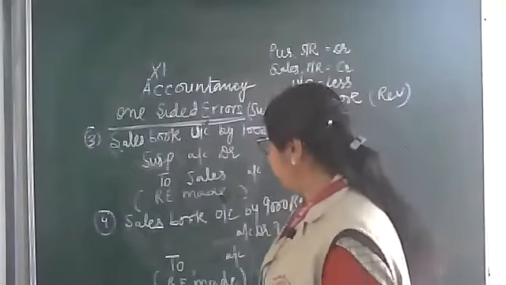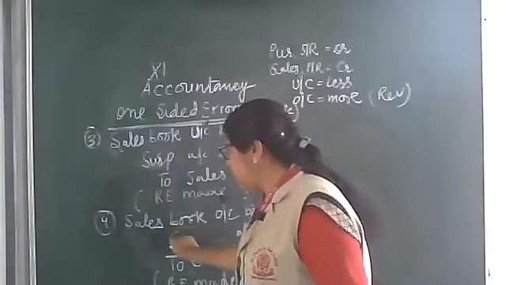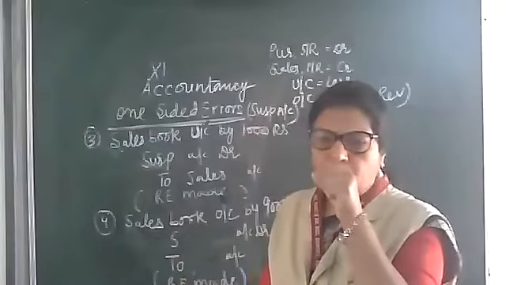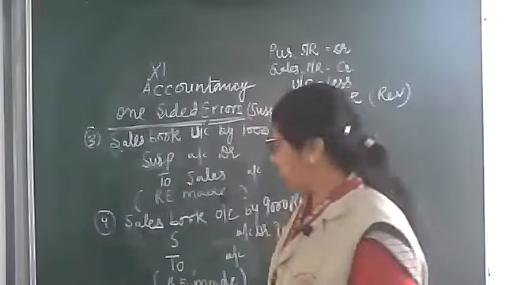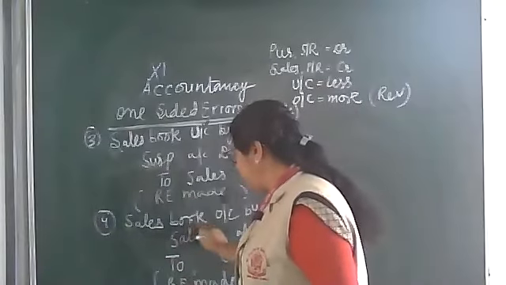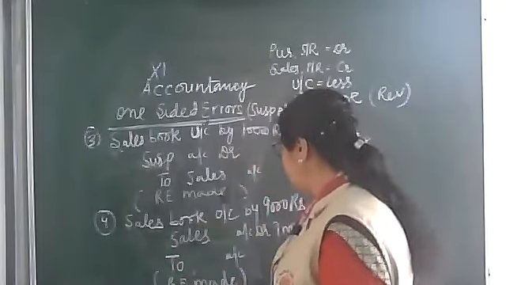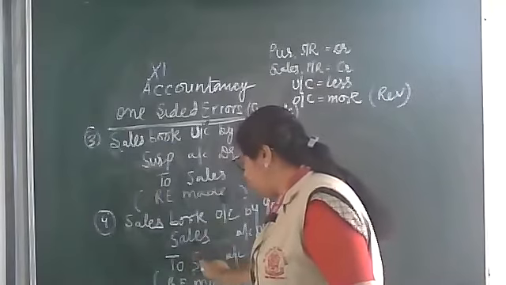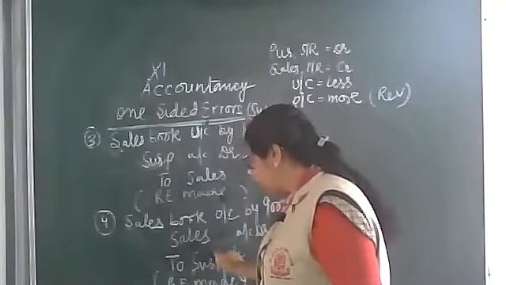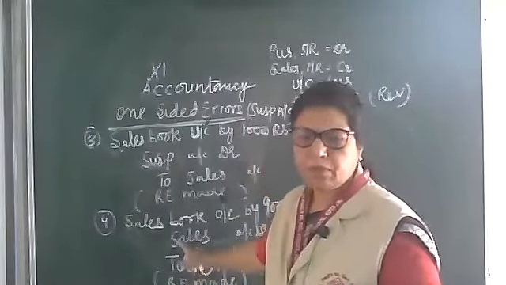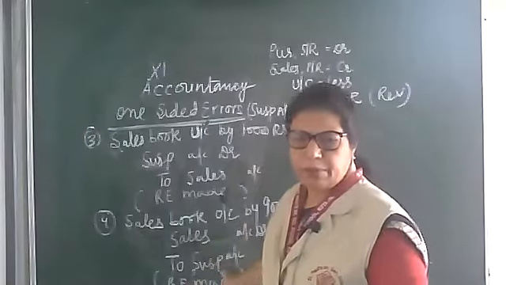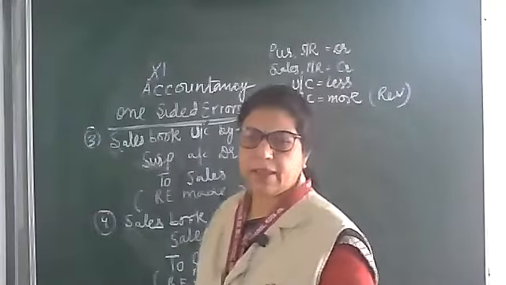So what will be the entry? Now, because overcast, sales account debit to suspense account. Sales account debit to suspense account.